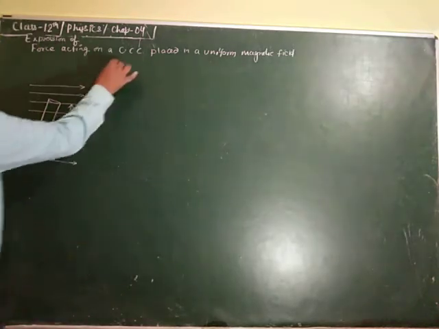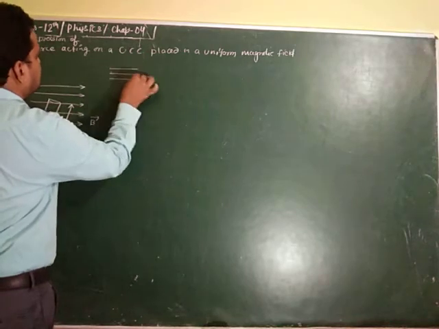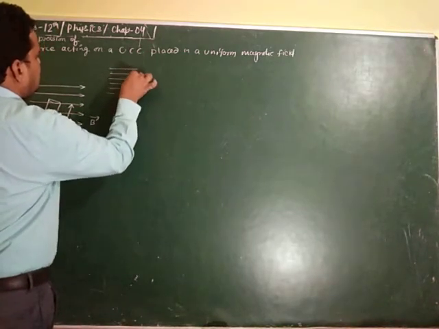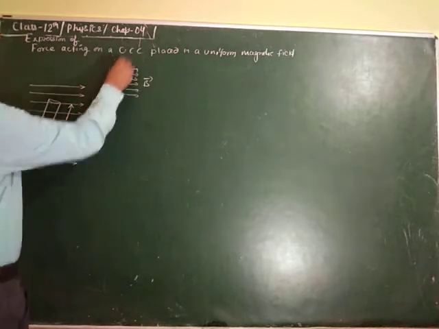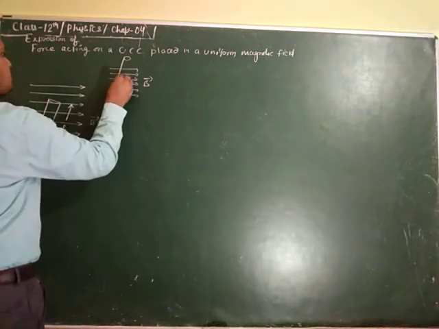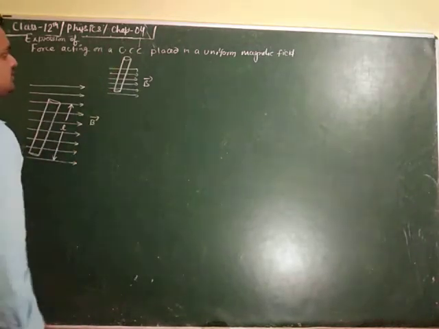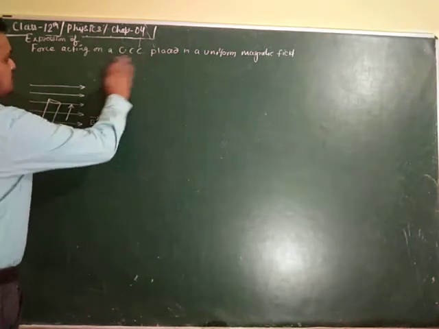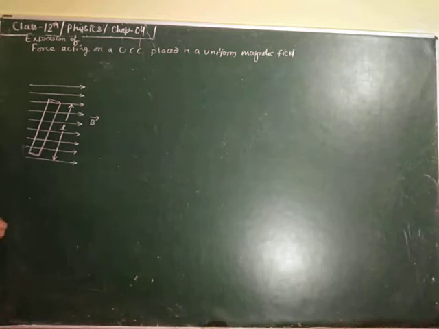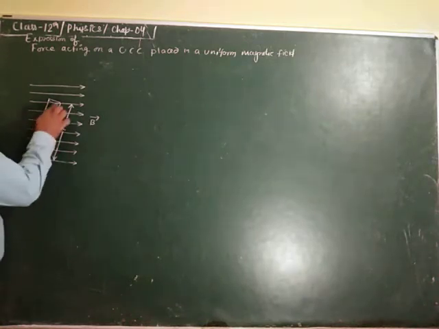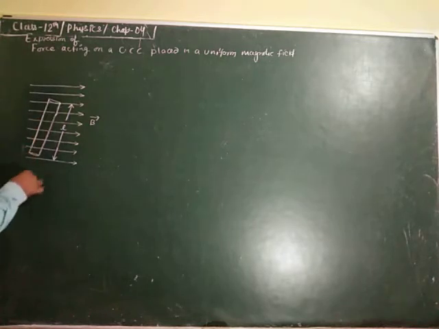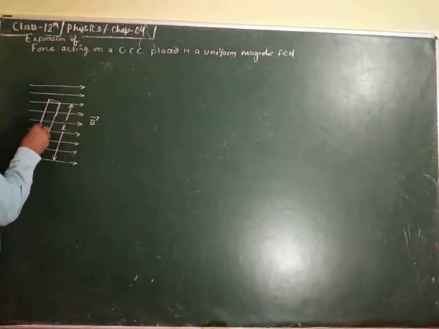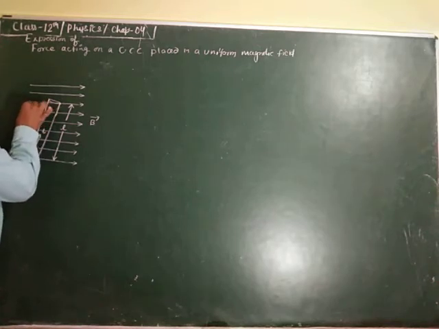You can take the conductor like this also. Suppose there is another magnetic field, same value, and now the conductor is placed like this. Whenever the condition is given like that, you have to take only that length which is inside the field. But here we have taken it just for convenience inside the field. Now the electron is moving in this direction, so current will have a direction I, like this.